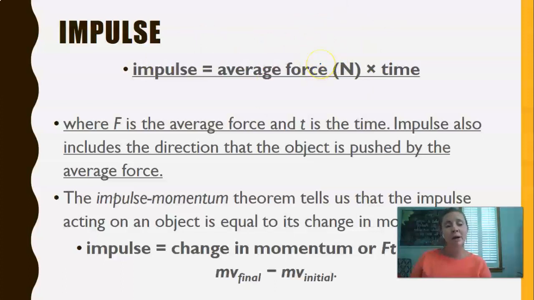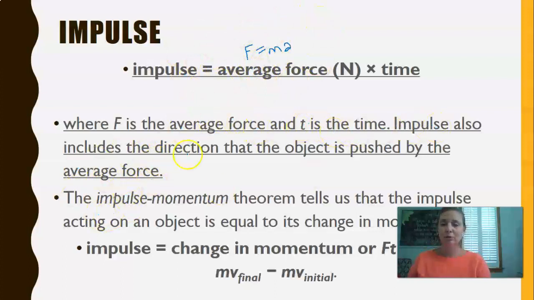So now we're going back to that beginning part of what we talked about with Newton's second law. So our average force, F equals ma, times time. So that's where that first part of what we talked about, Newton's first law, kind of comes into play with our impulse. Where F is the average force and t is the time.